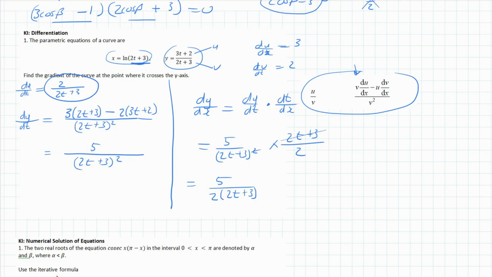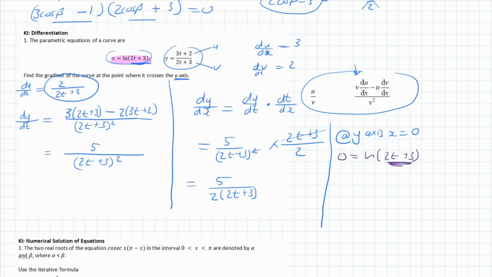Now, we've got to find the gradient of the curve at the point where it crosses the y-axis. Now, at the y-axis, x equals 0. So what we do now is we look at this here. So 0 equals ln of 2t plus 3. Now you know we want to make this ln bit equal to 1, because ln 1 is equal to 0, right?